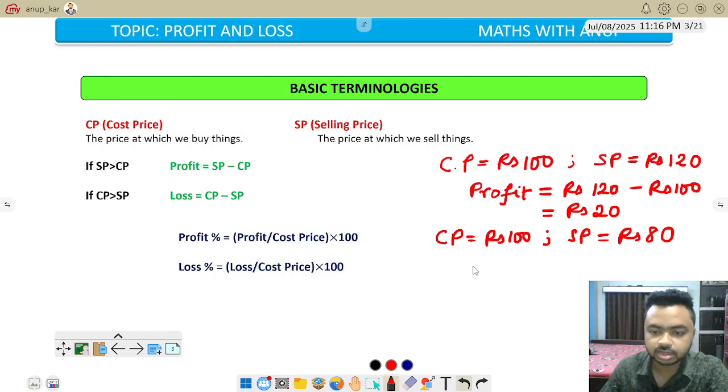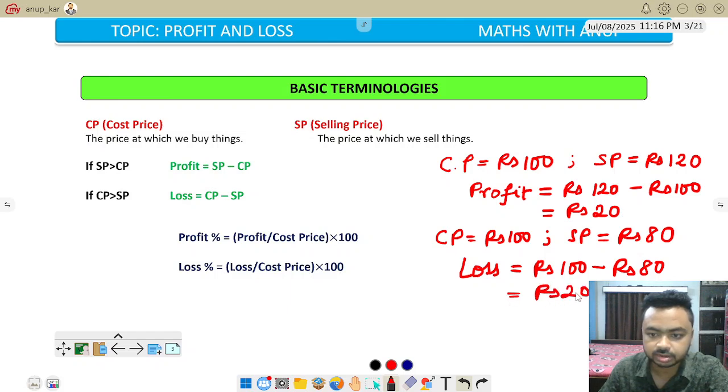So hereby I will incur a loss. So my loss will be equal to rupees 100 minus rupees 80, which will be equal to rupees 20.